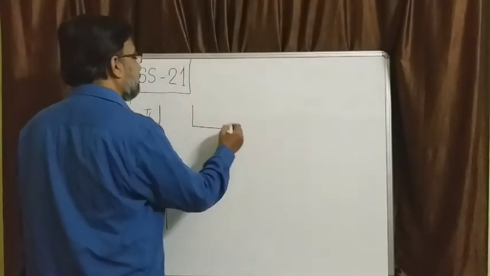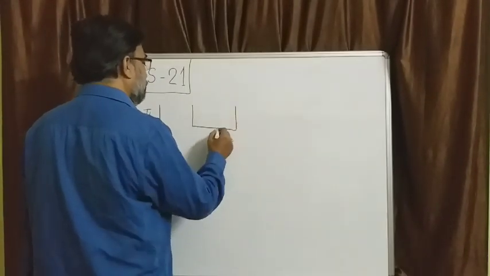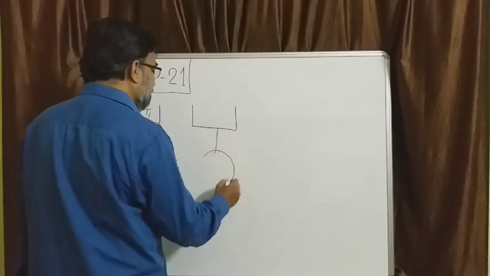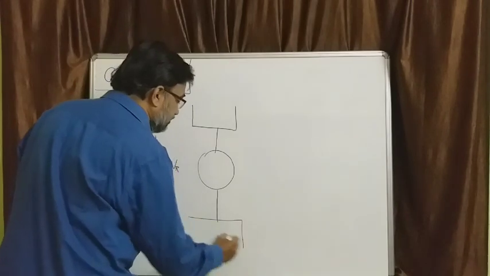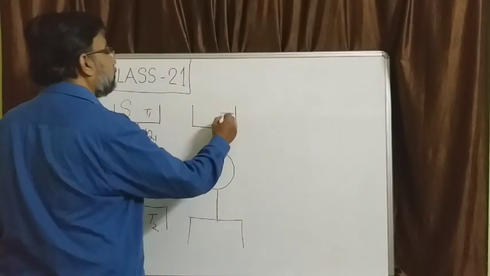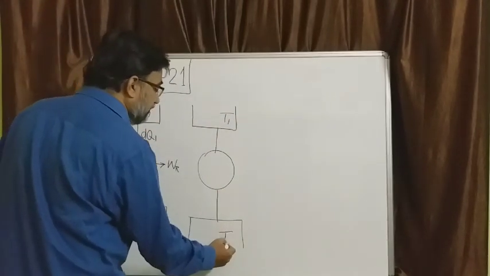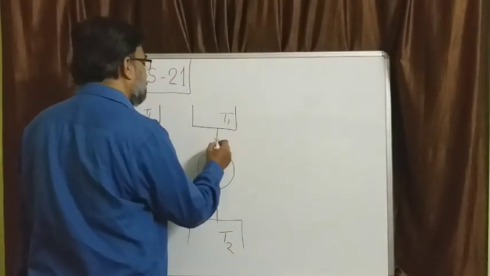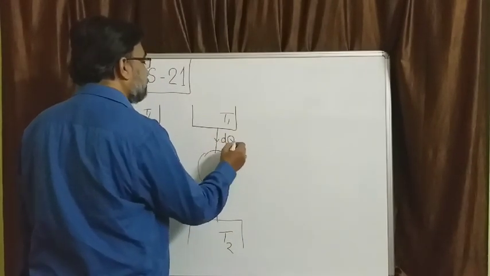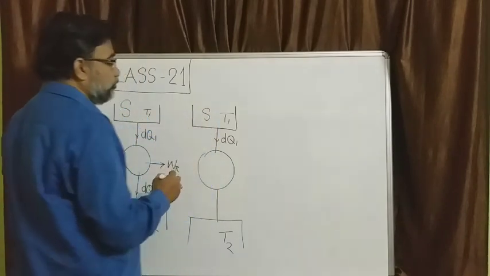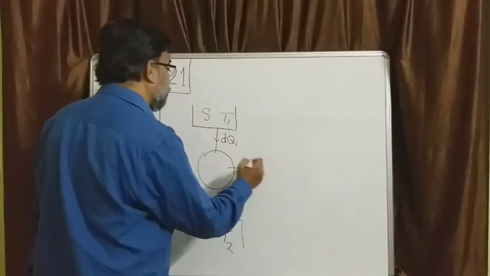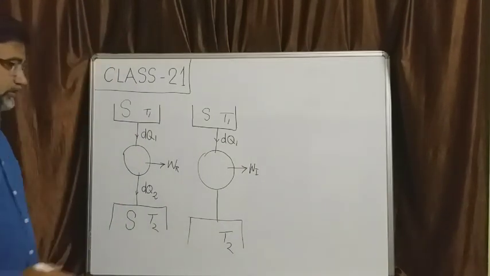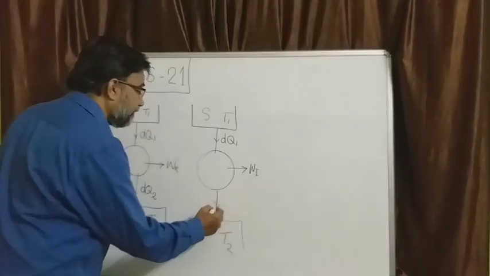In parallel we take another engine working between the same source and same sink, at the same temperatures T1 and T2 respectively, drawing dq1 amount of heat from the source and doing Wi amount of work, and rejecting some heat.